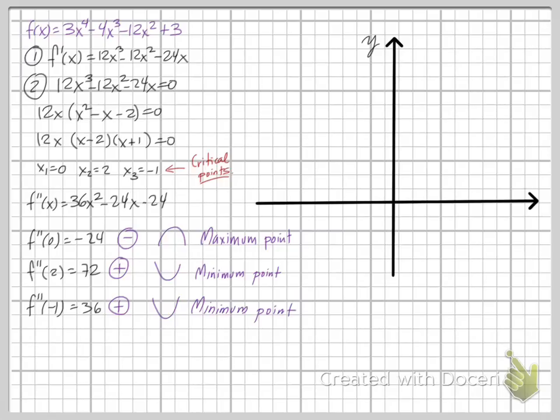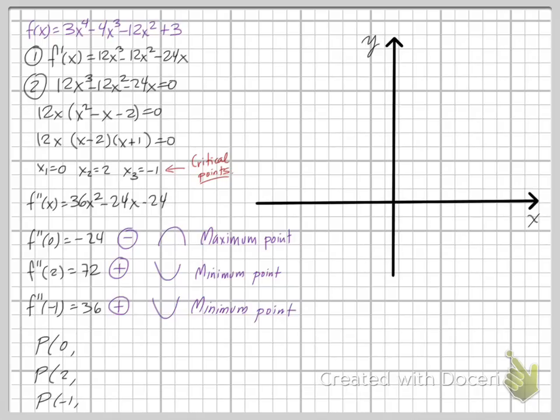This is the y-axis, and this is the x-axis. So I have to find my points. In this case, what are my points going to be? I have a point which has 0 as the x-coordinate, another point which has 2, and my last point which has -1.